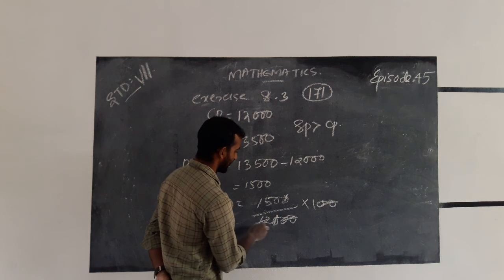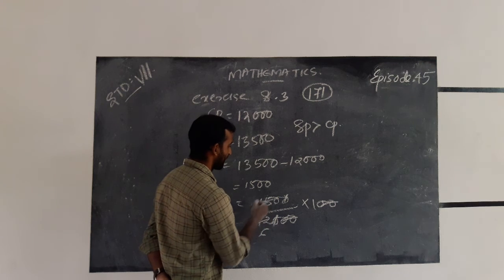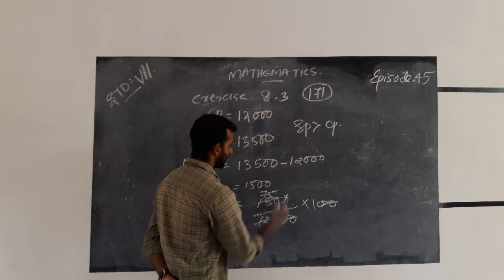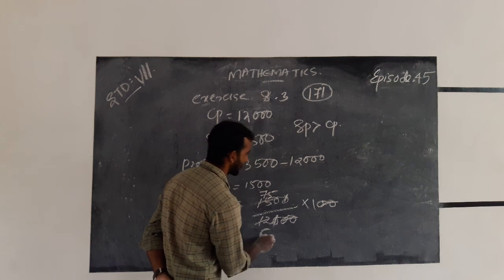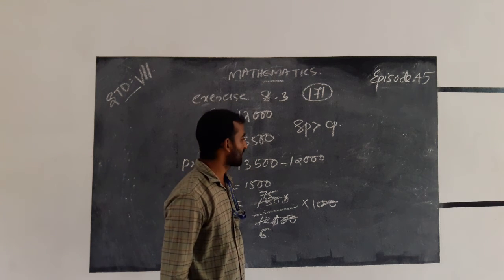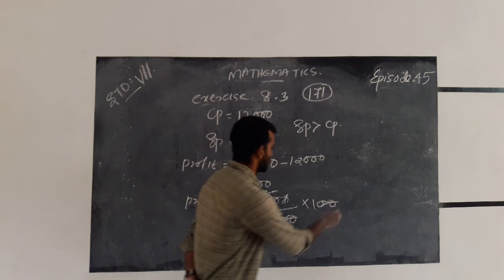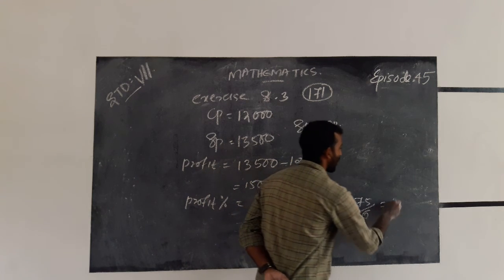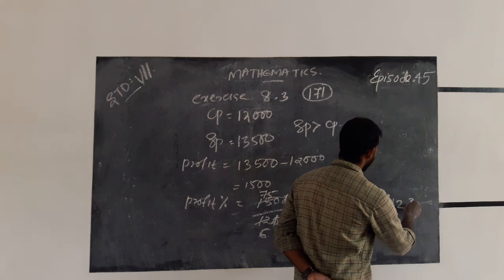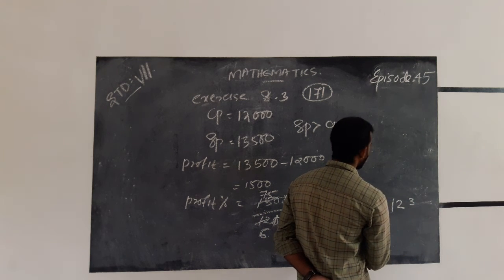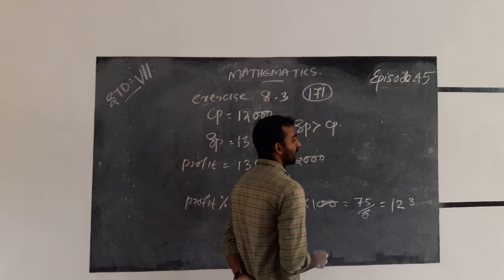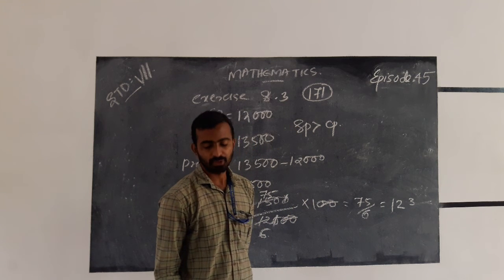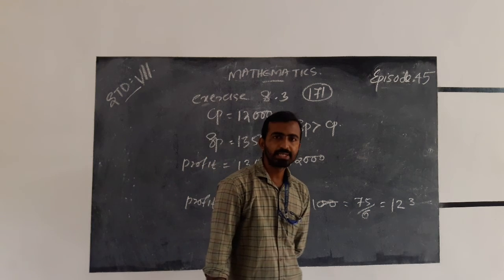Here 6, and when we simplify this, we get 75 by 6. 75 by 6 means 12 and 3 by 6.